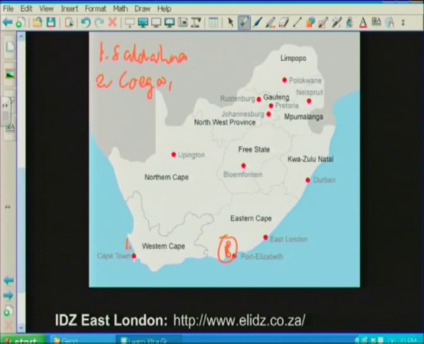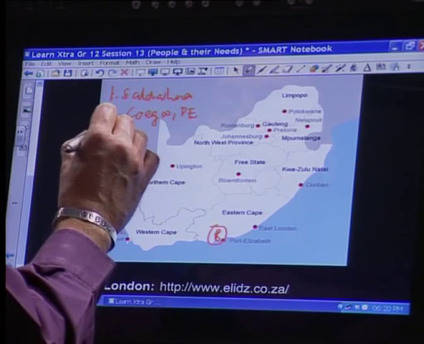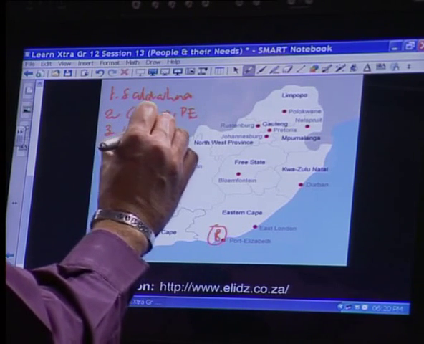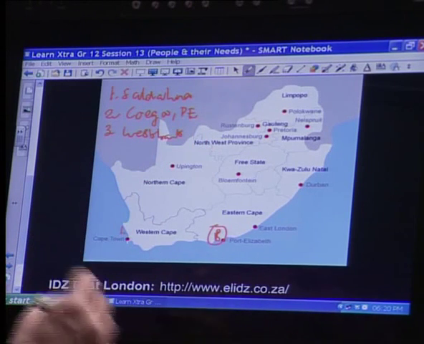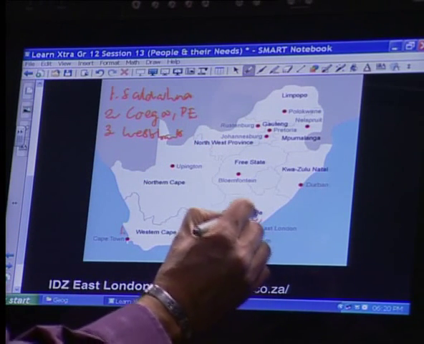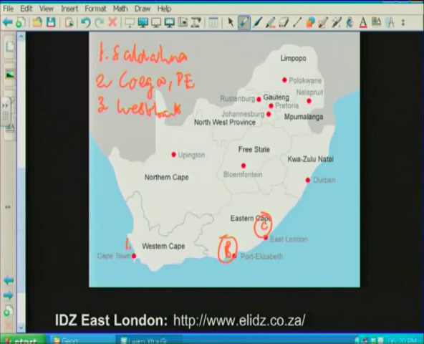So go and Google it or look it up on the internet and read up a little bit about that. But most good textbooks have good explanations or summaries about these IDZs I'm talking about. Then the third one is the West Bank, and that one is here in East London. And then we've also got Durban as the fourth one.